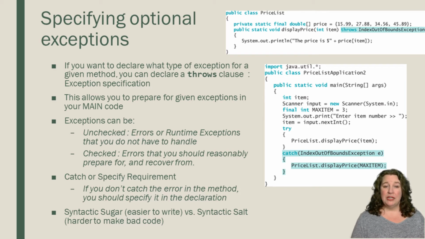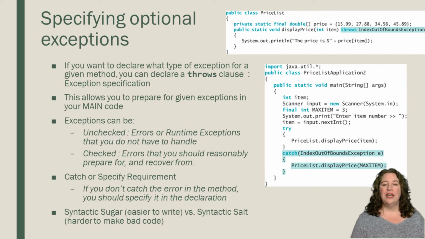So exceptions can be either unchecked, where you don't handle them, or checked, errors that you reasonably prepare for and recover from. Sometimes it's okay to not check the error or the runtime exception. Sometimes that's okay.